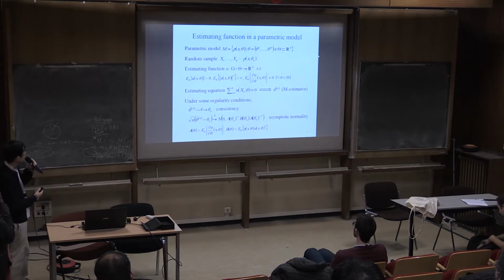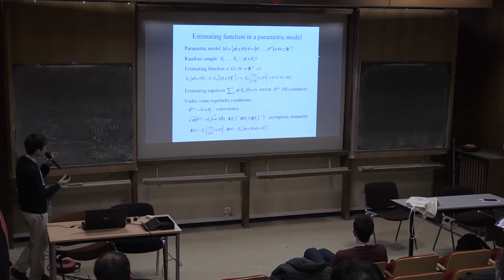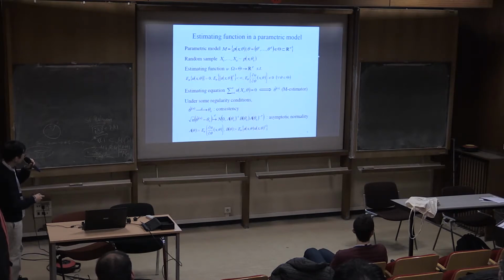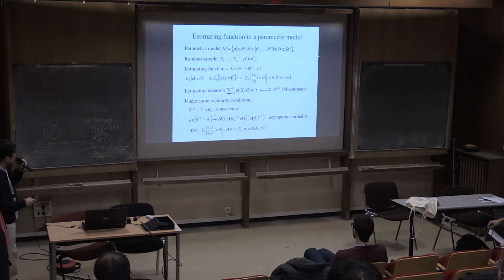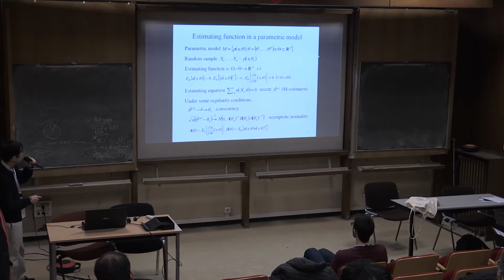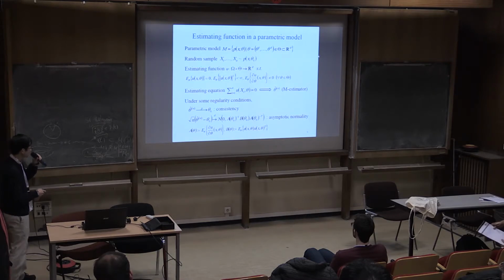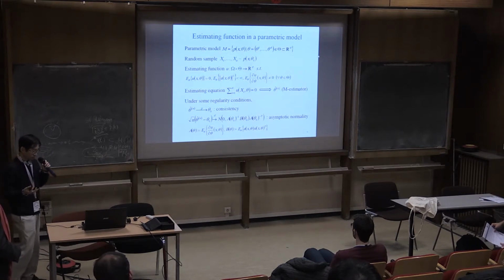Now we go to the notion of estimating functions. We consider the framework of a parametric model. M is a parametric statistical model, and x1, ..., xn is a random sample from some distribution P. An estimating function is a function defined on the direct product of the sample space and the parameter space, and there is a condition for estimating functions.